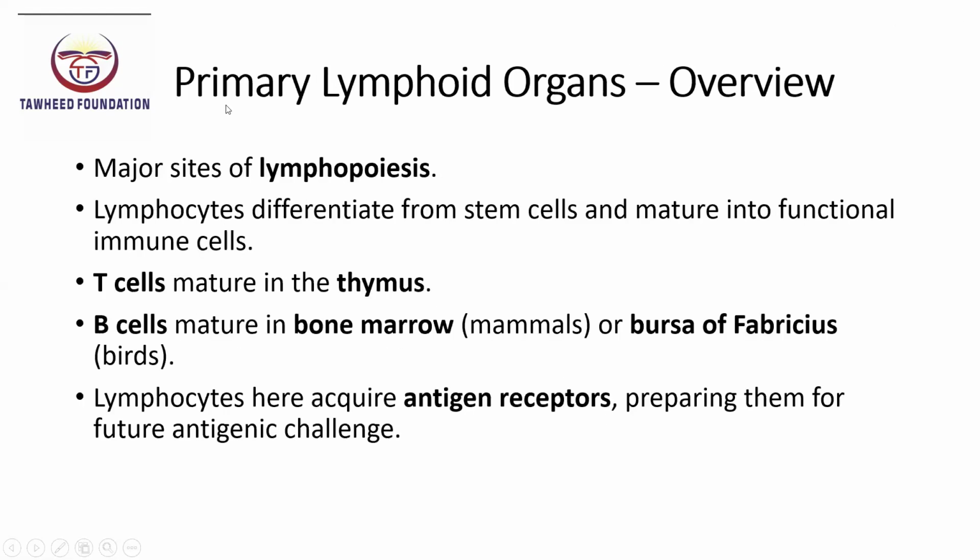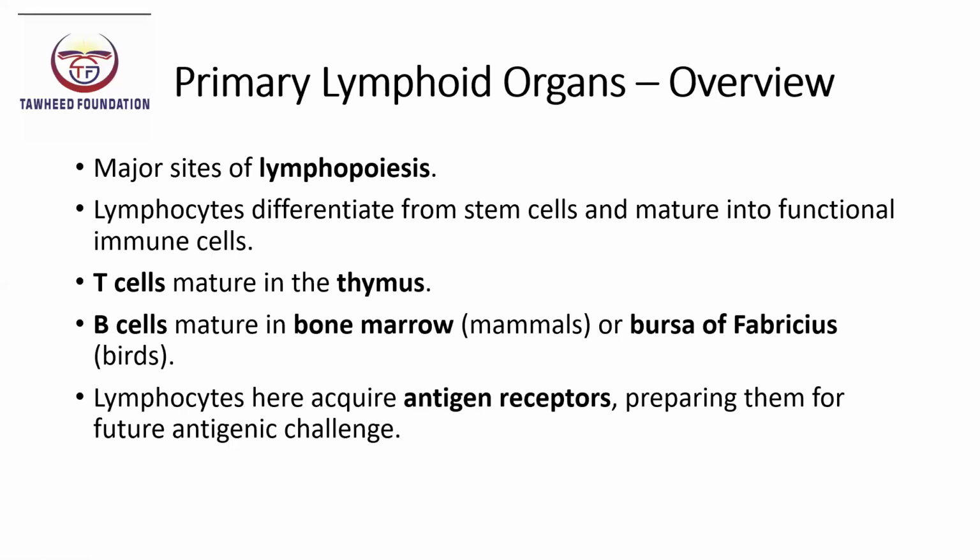So we'll see primary lymphoid organs. Primary lymphoid organs are the training grounds for lymphocytes. Here, lymphoid stem cells proliferate and differentiate into functional T or B cells.